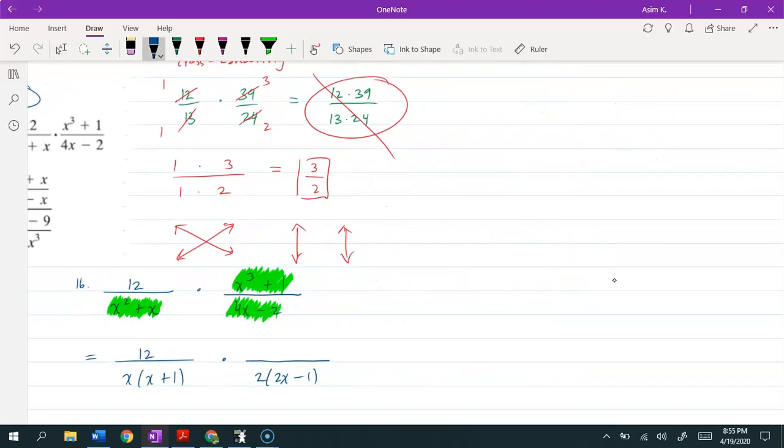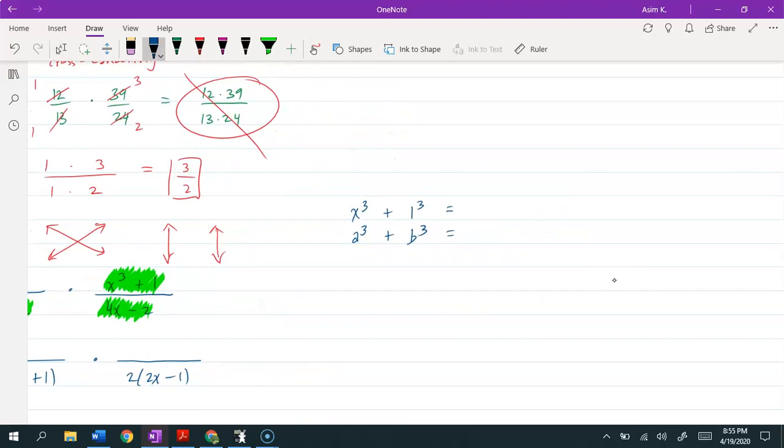So in the previous lesson, we learned a formula that said if you have something like x cubed plus 1 cubed, you can apply it to the a cubed plus b cubed formula. And the a cubed plus b cubed formula says that you've basically got a plus b multiplied by a squared minus ab plus b squared, like this.